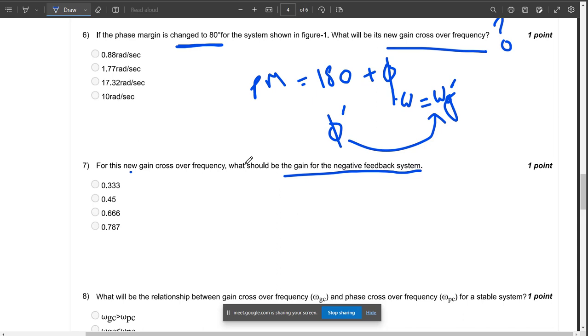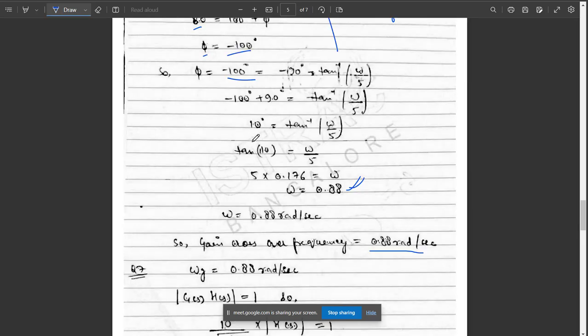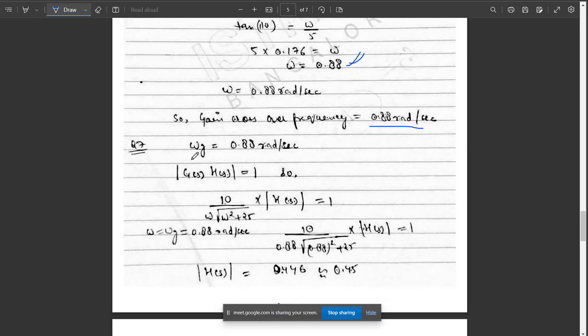Yes, correct. So the answer is 0.45 here, rounding 0.44. So here we have already got the gain crossover frequency, which is equal to 0.88 radian per second. Now for this gain crossover frequency, we know that the total gain will be equal to 1. Now we'll put it in the transfer function to find out.